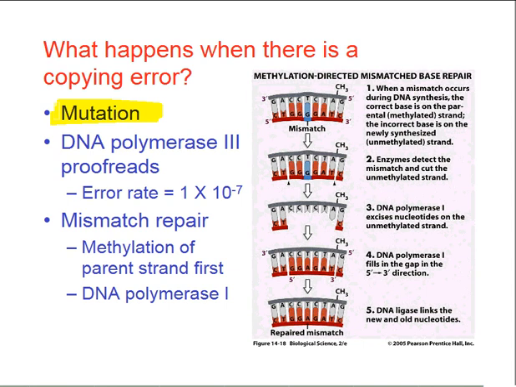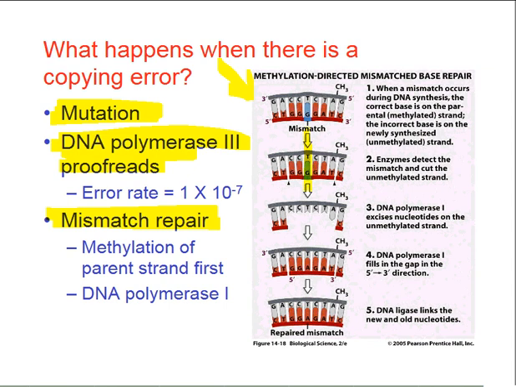All the same, sometimes you can get mutations in genes, and as I said before, it can have a profound effect. Now, as I said, DNA polymerase does proofread what it does in terms of copying DNA, and it does have a really low error rate after proofreading is done. If it does find an error, to correct that error, it can use a process called mismatch repair. And what happens here, if we look at this picture, let's say in this section of DNA, you can see here a T is being paired with a G, which we know is not correct.